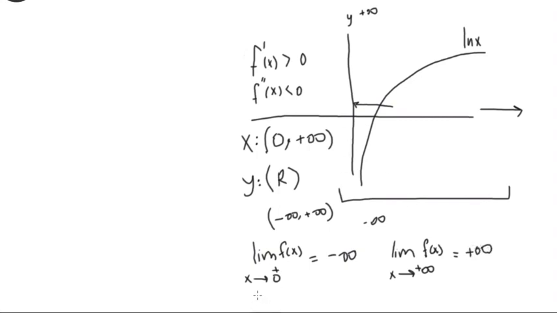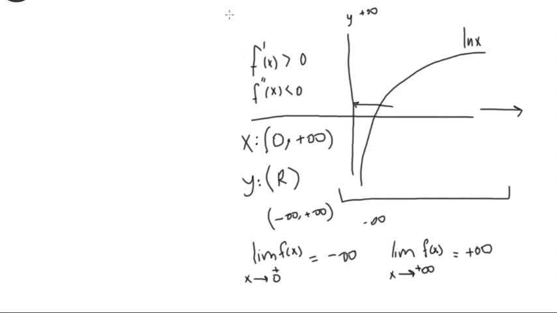We cannot find the limit of f(x) when x approaches 0 from the left-hand side, because the graph does not exist here, so the result does not exist. I think this is a brief graphical explanation of ln x.